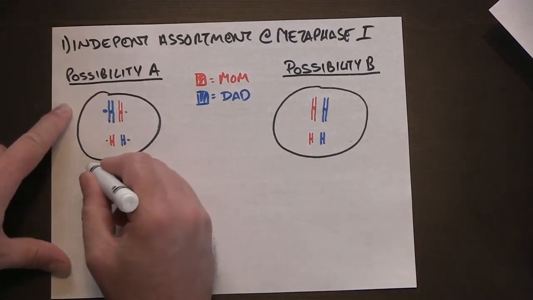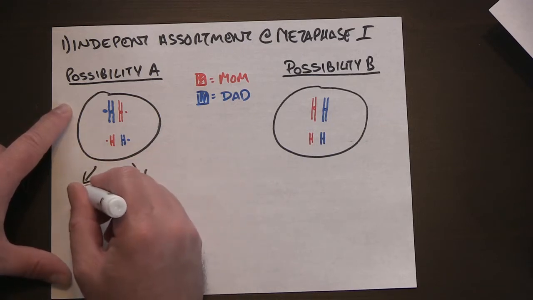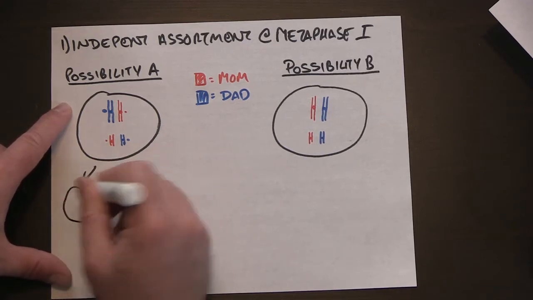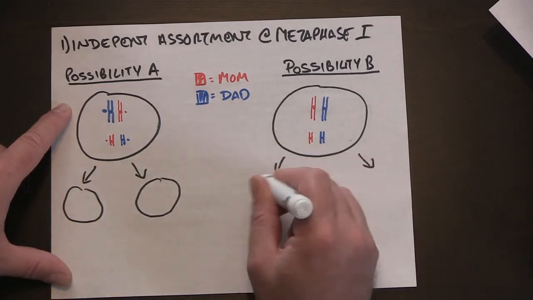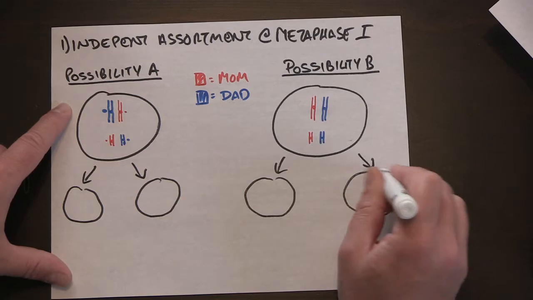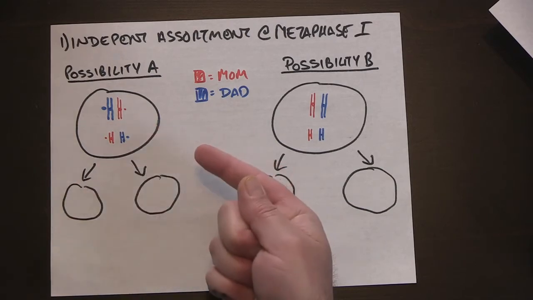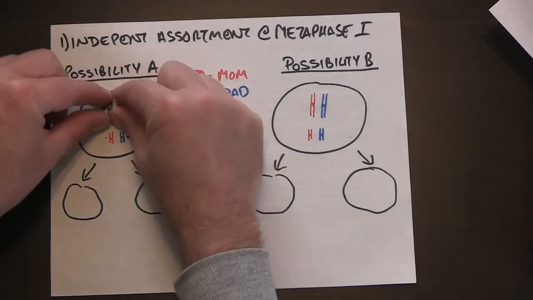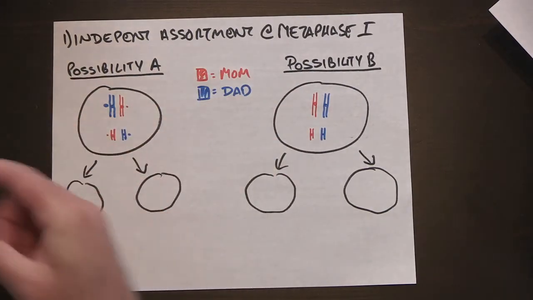So what's going to happen when this cell divides into 2? Remember, during meiosis 1, the first cell division, the homologous chromosomes separate, not the chromatids.